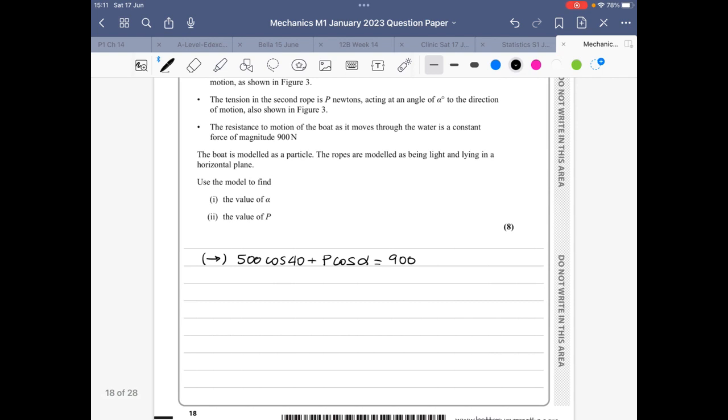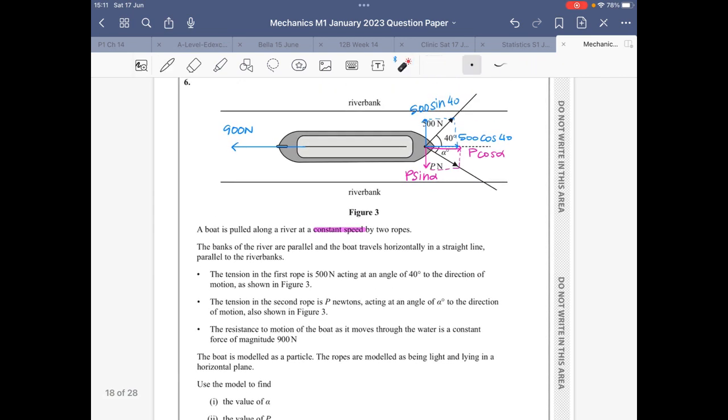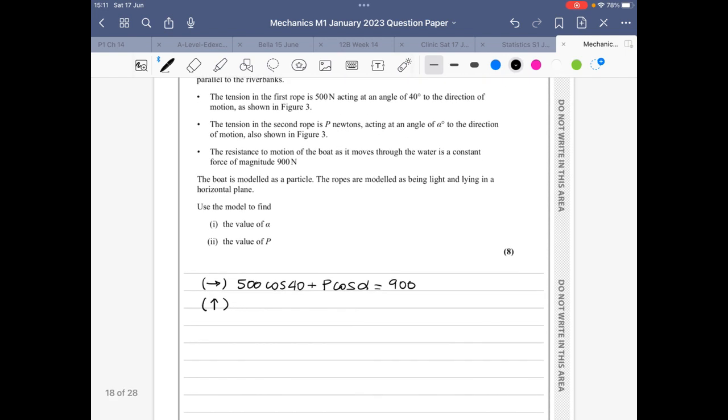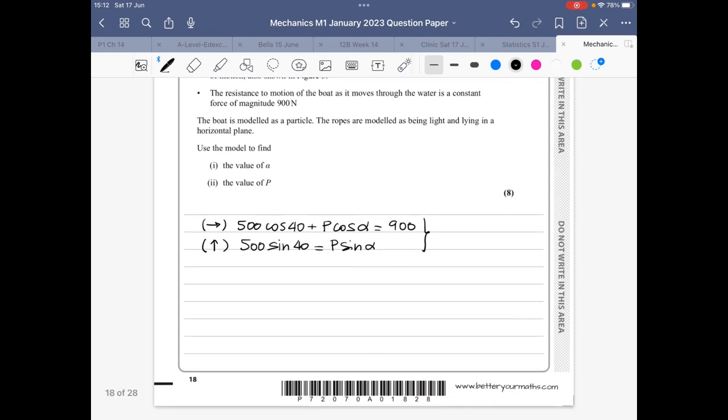And then perpendicular to the direction of the motion, I have that this force pointing that way, 500 sine 40, is the same as this force pointing that way. So 500 sine 40 is going to be P sine alpha. And what I can do to solve these simultaneous equations and to find P and alpha, it's up to you how you solve them.